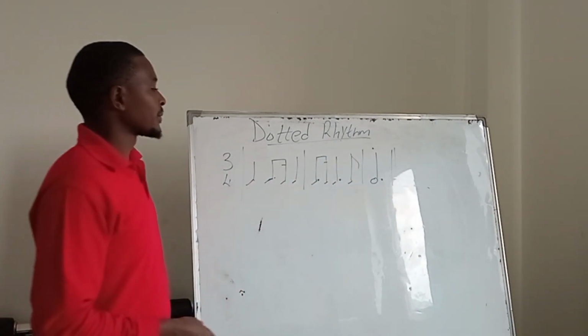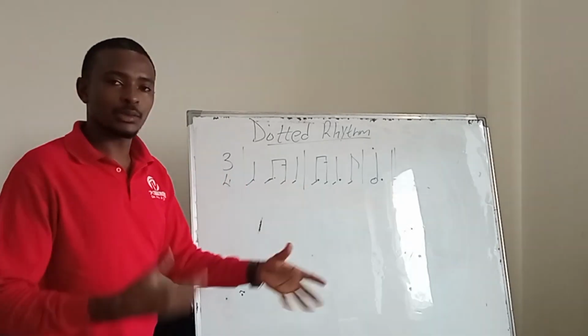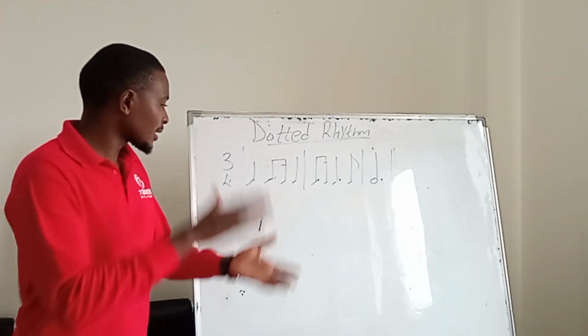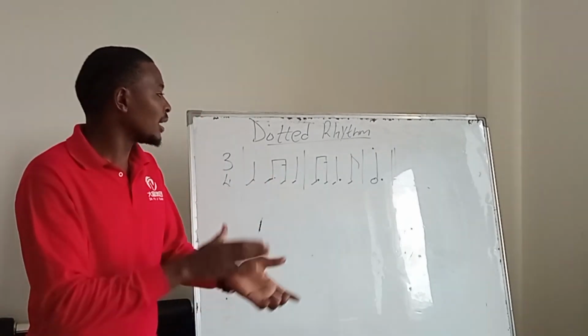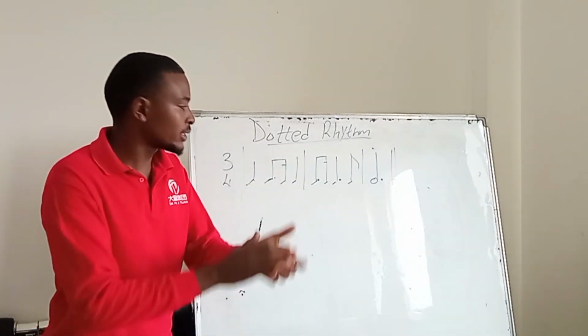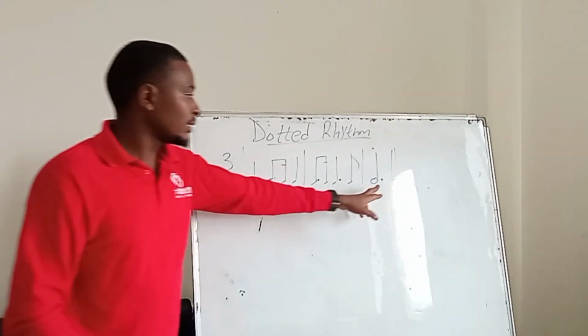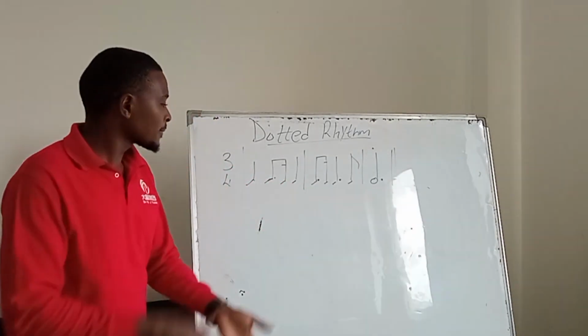So grabbing this, we have already done this and this. So this one is easy. The 3 of them again.